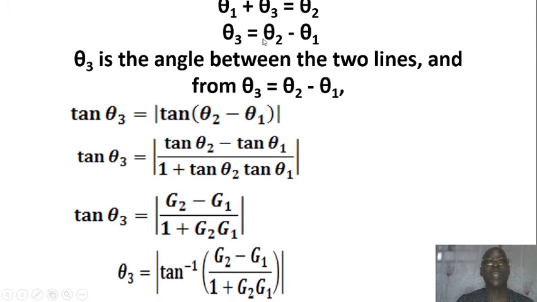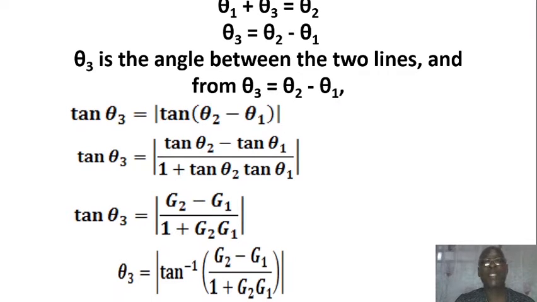Making theta 3 the subject of the formula, which is the angle between the two lines we are talking about, we get theta 3 equal to theta 2 minus theta 1.